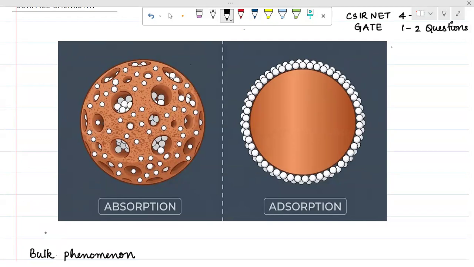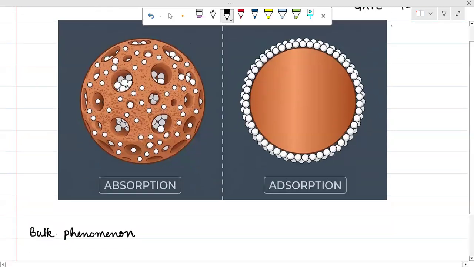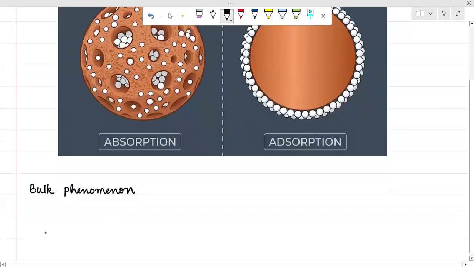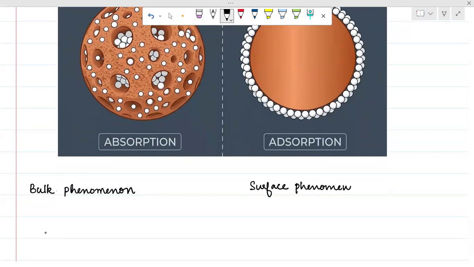We can see that the water enters the bulk of the sponge. It does not remain on the surface only. It enters completely into the bulk, and hence this is an example of absorption. While adsorption, on the other hand, is a surface phenomenon.